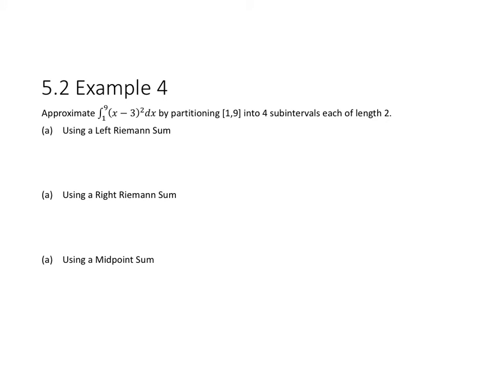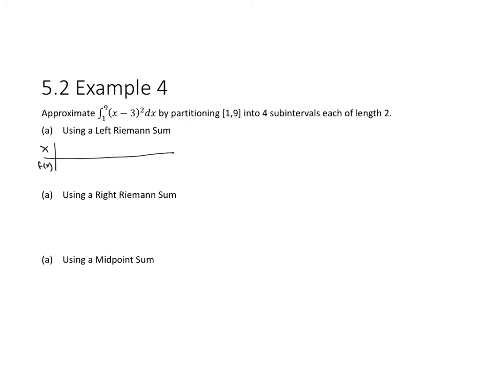So I'm going to make my xy table. Again, you always see xy tables this way and not vertically, just because it takes up less room. And I'm just going to fill in my table. They're telling me that my interval should have a length of 2.